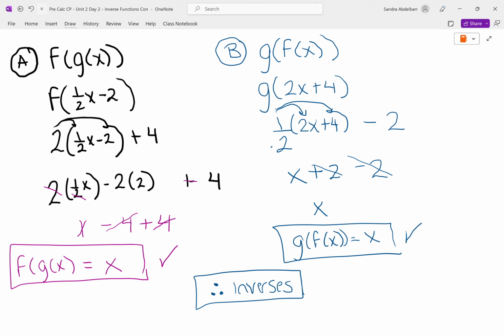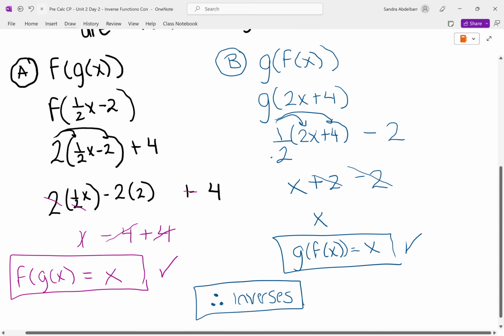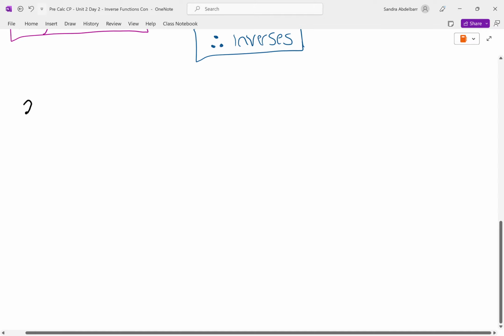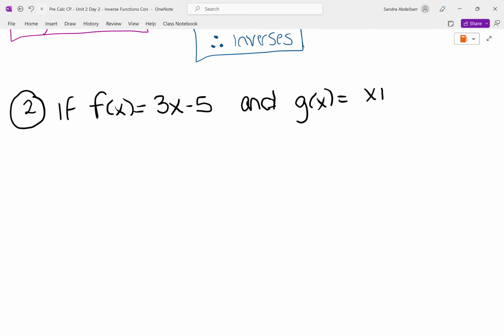You guys try this next one on your own. Ready? If f of x is equal to 3x minus 5, and g of x is equal to x plus 5 over 3, are f of x and g of x inverses?